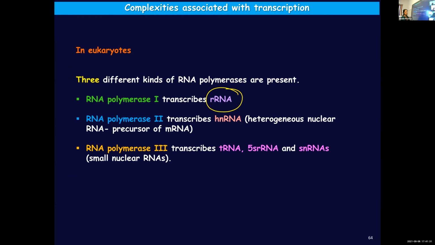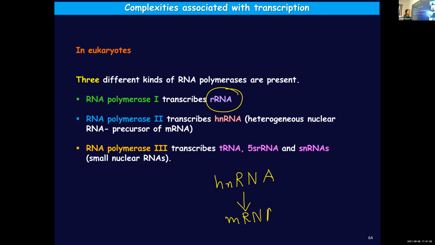hnRNA. hnRNA means heterogeneous nuclear RNA. That is actually the precursor of messenger RNA. Once the transcription process is completed, what we get is hnRNA. Later, this hnRNA undergoes different processes and then changes into messenger RNA.